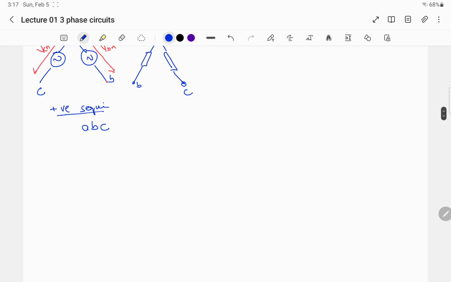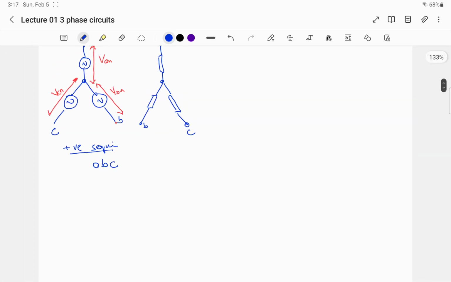And what is meant by ABC is that if the reference vector, VAN, lies at this axis, and we rotate this VAN, or any vector, the A part, anti-clockwise and it passes through a point, I call it P, then after the passing of this vector, the next vector that should cross this point P should be B.